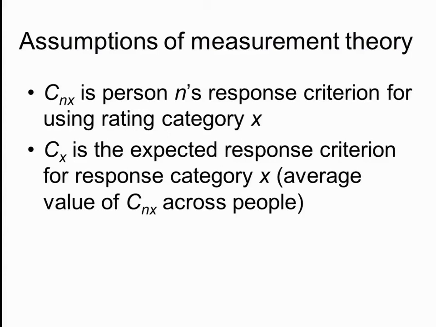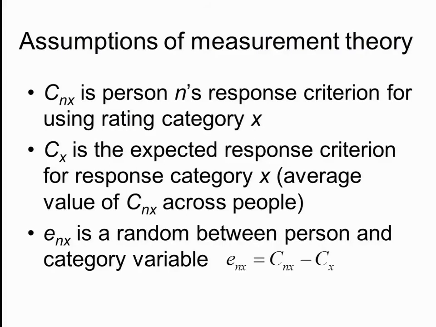In other words, it's the average value of Cnx across all people. And then we would have an error term associated with that. Again, we'll use E, but we'll subscript it nx, and that's just the difference between the person's category threshold for category X and the average for the population.